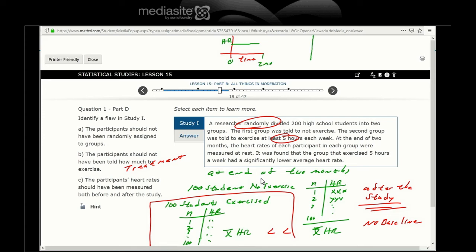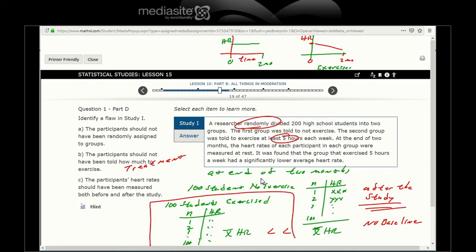If you really need to know, for the exercisers, between 0 and 2 months, did they start up here like the non-exercisers and then went down?